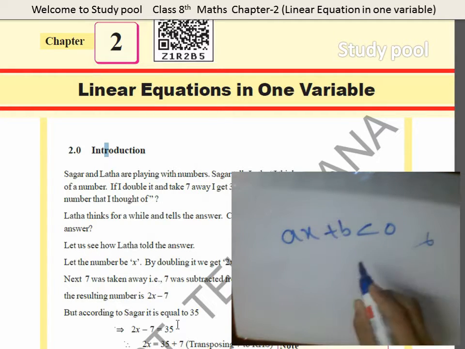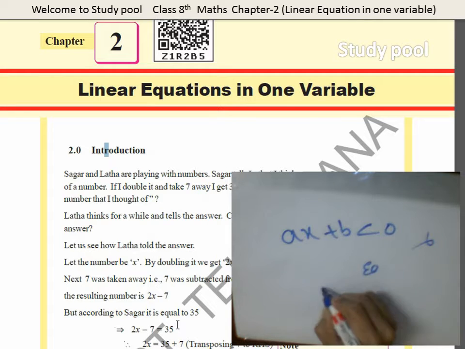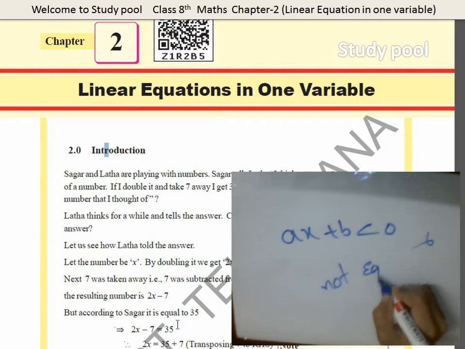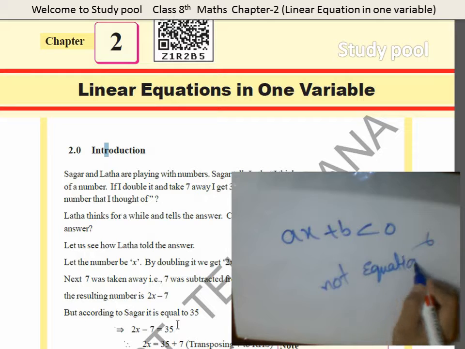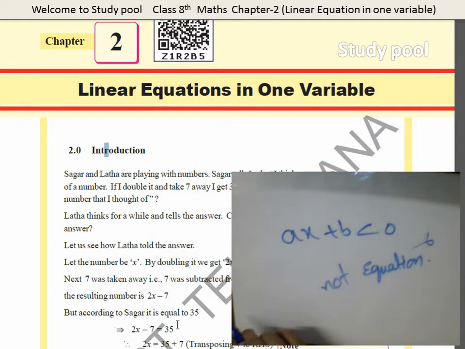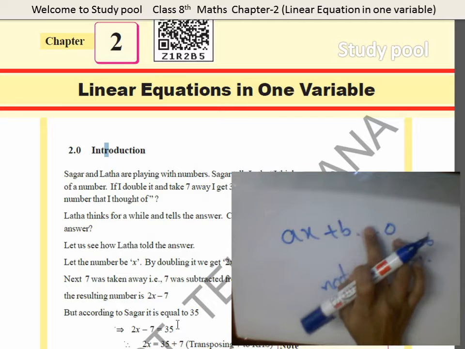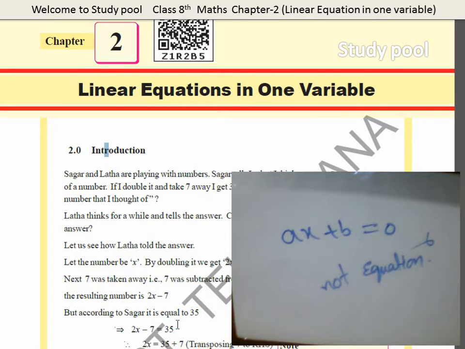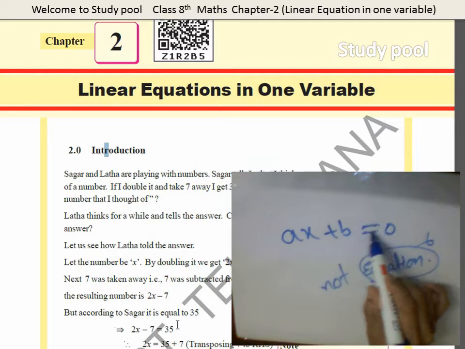No, it is not an equation. Why? Because equal to is not there. Suppose I put equal to 0 here, now it is called an equation. Whenever we say equation, equal to should be there.